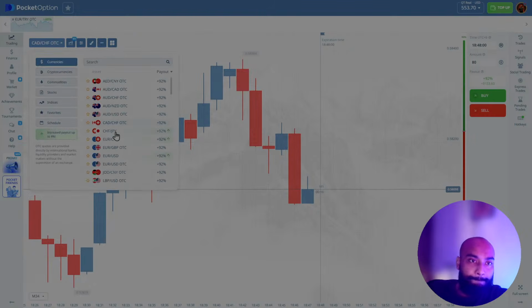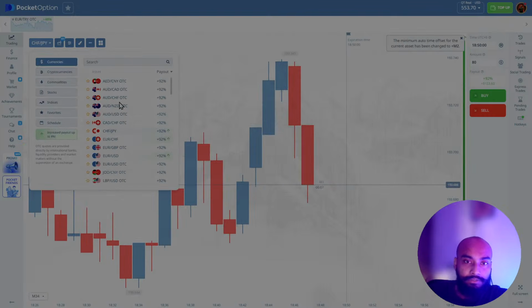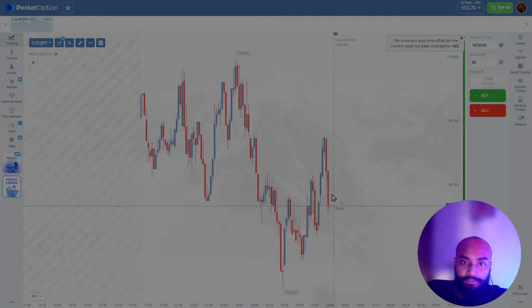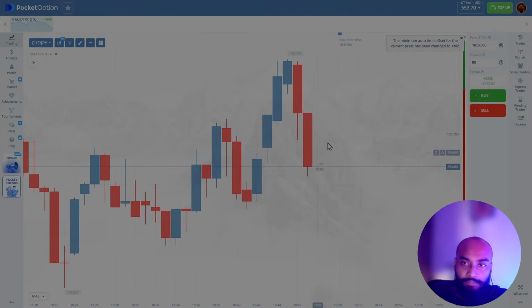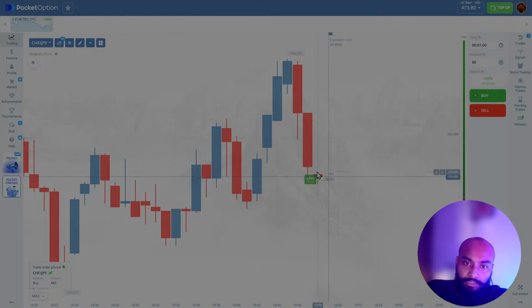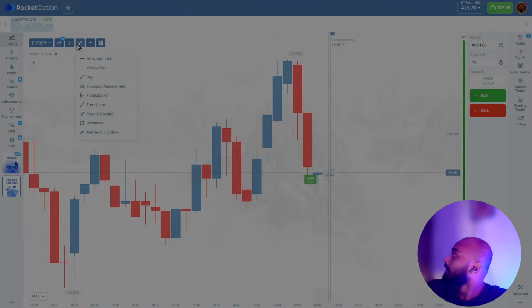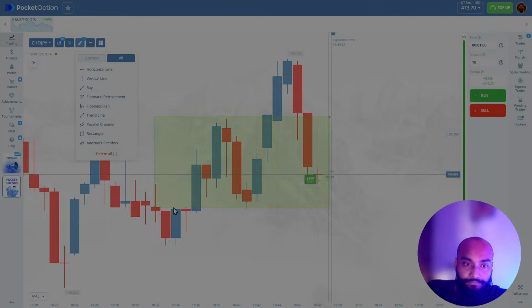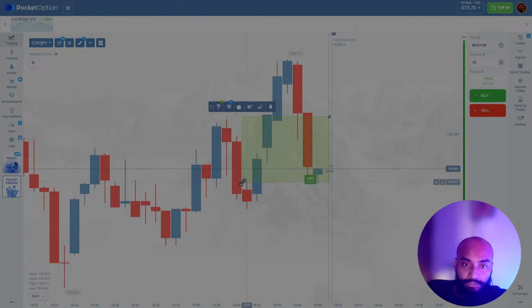So let's take some trades. It's on CHF JPY. Here the market is trending up, and here we have a gap down. With this kind of trade, you always see the market will reverse from here. What you can say is these are fair value gaps.